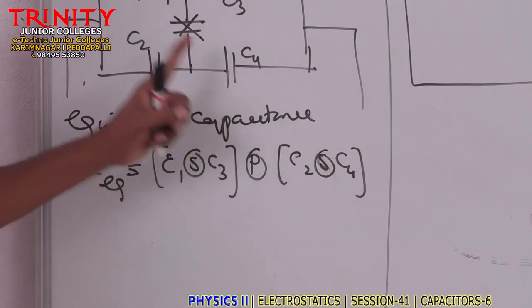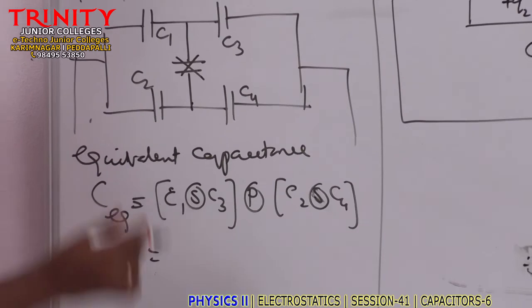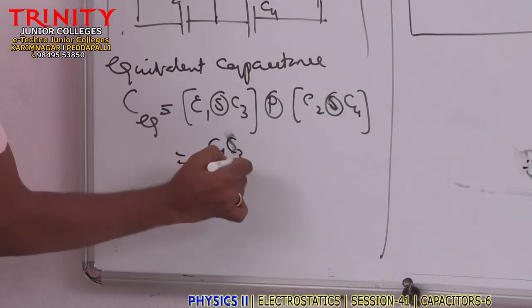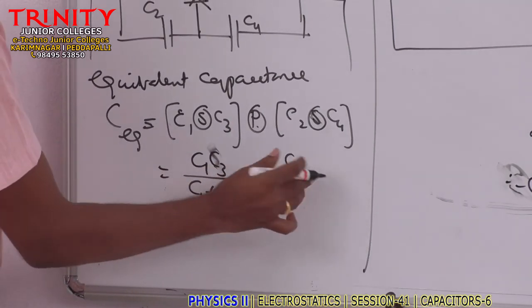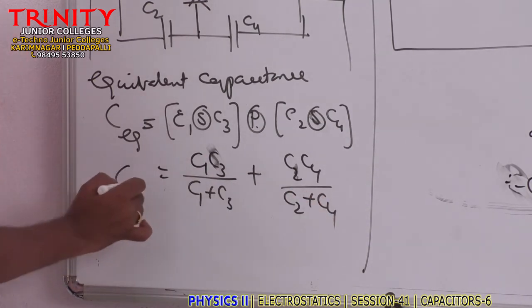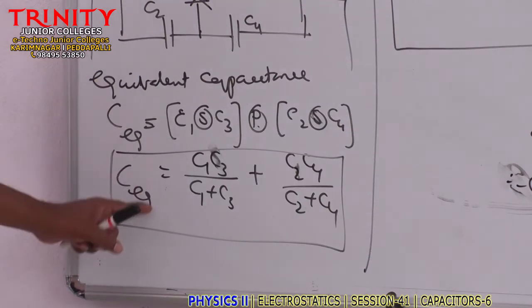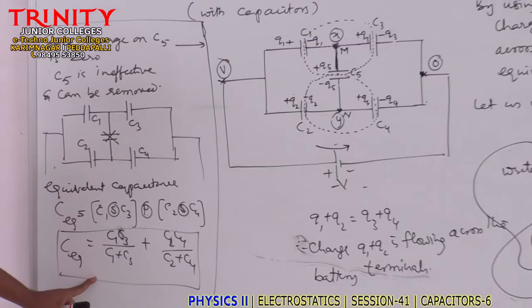C1, C3 series, C2, C4 series, and then parallel here, and this can be written as C1 C3 by C1 plus C3, and parallel means plus C2 C4 by C2 plus C4, and this is the equivalent capacitance under Wheatstone bridge condition. So this is the equivalent capacitance.